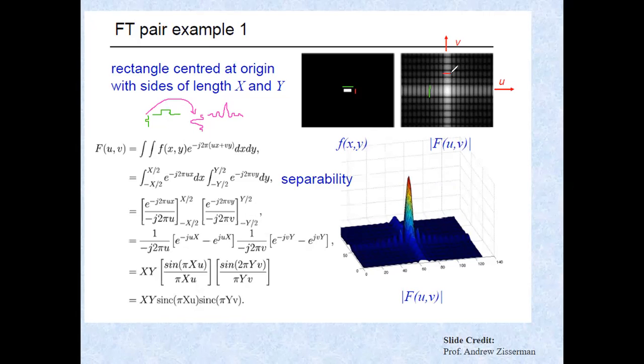In the vertical direction it is small; in the horizontal it is wide. So that's what happened here. Here also outer product, here also outer product. That's how the frequency domain representation appears.